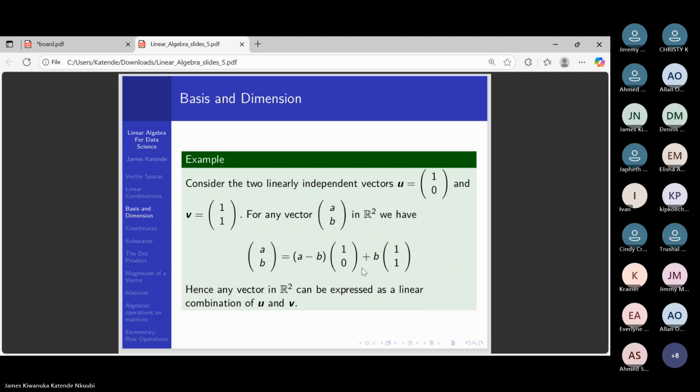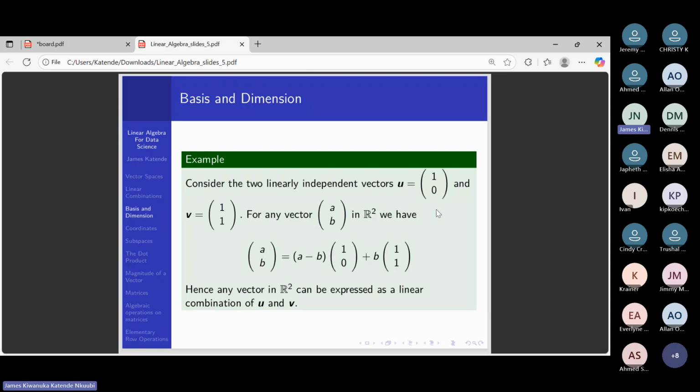Now, this set of vectors is also linearly independent. Again, you can confirm that because we cannot write U as a multiple of V. It's not possible. And therefore, it satisfies the 2 requirements to be a basis. It spans the vector space R2 because you can write any vector as a linear combination of these 2 vectors.